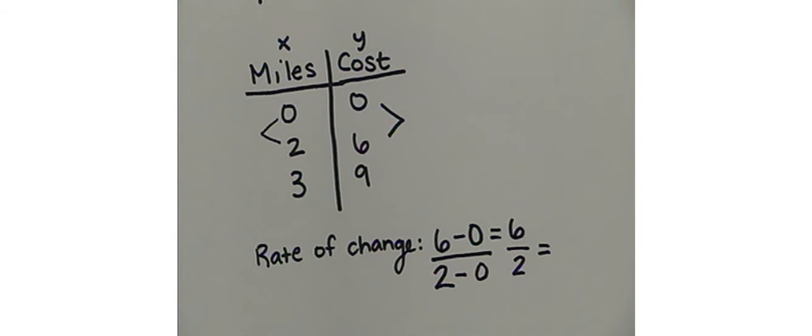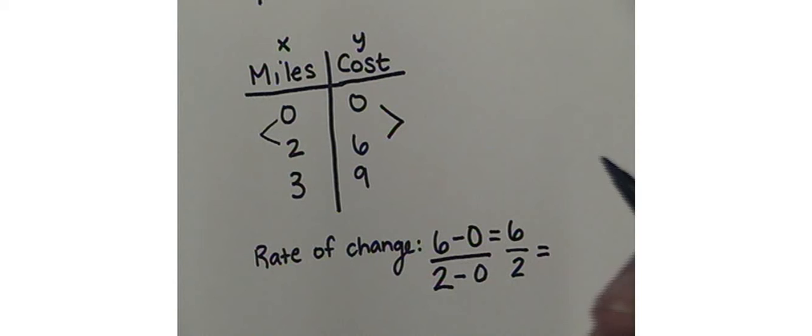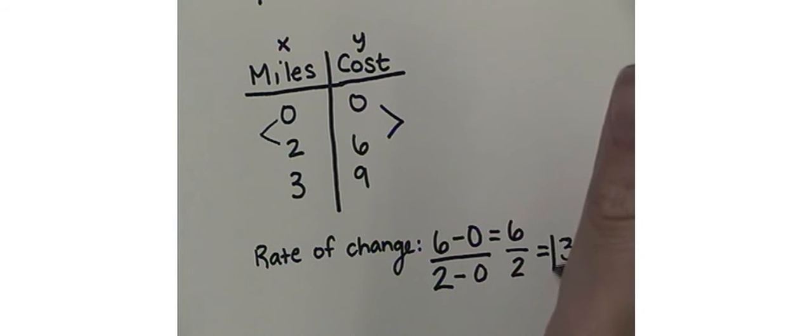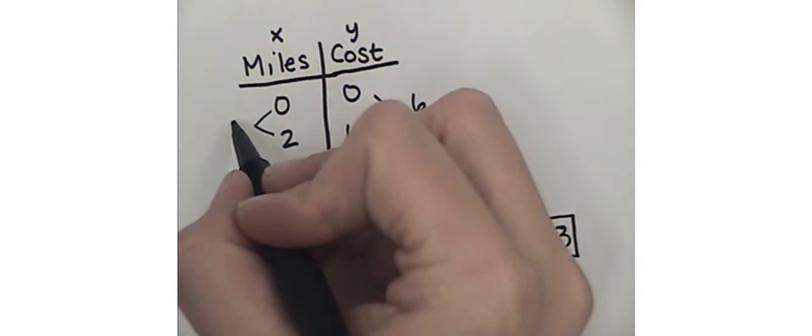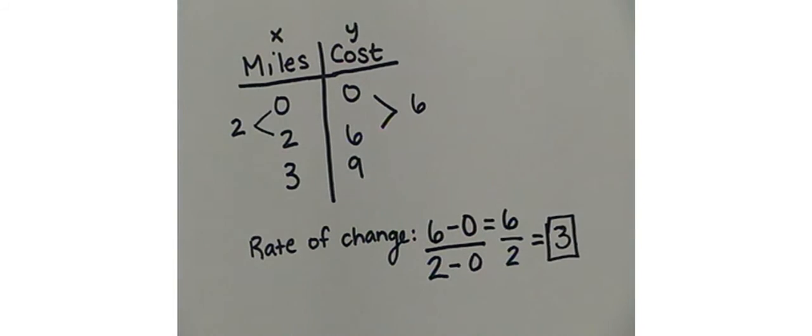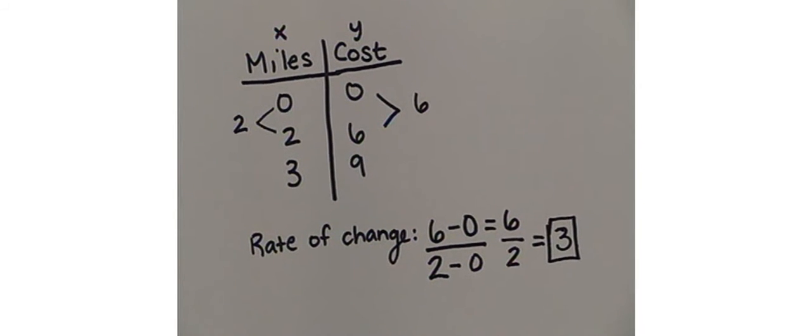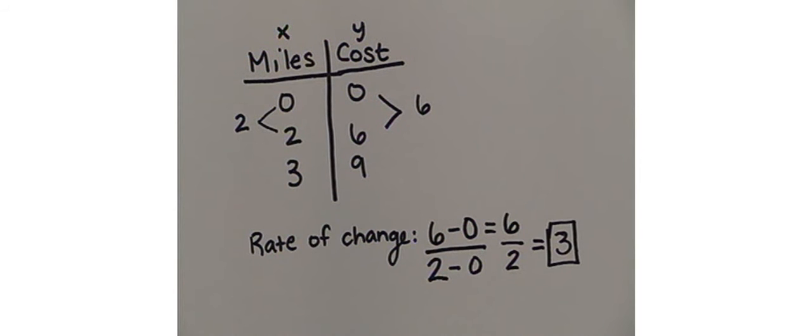Let's reduce or simplify. 6 divided by 2 is 3. So here I went up 6 over 2, which simplifies to 3. So my rate of change, or my slope, is 3.